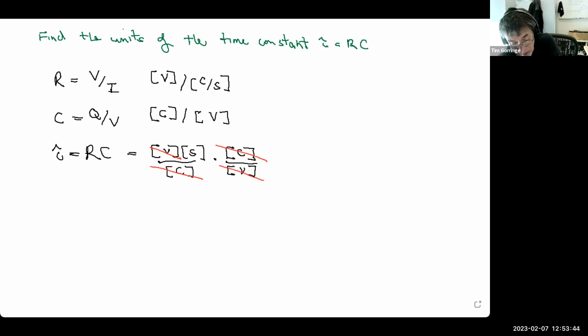We're just left with the units of time, seconds. And so we indeed find, maybe surprisingly, that RC, the product of resistance and capacitance, does have the dimensions of time. RC is the characteristic time to charge up or discharge the capacitor.